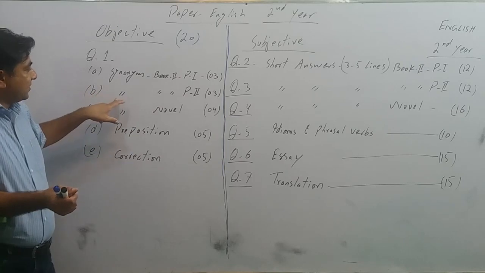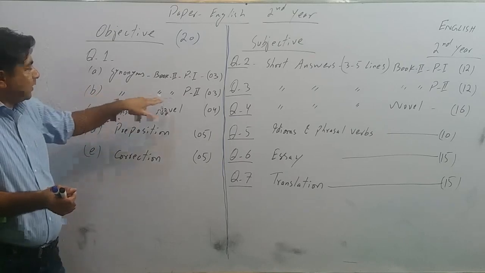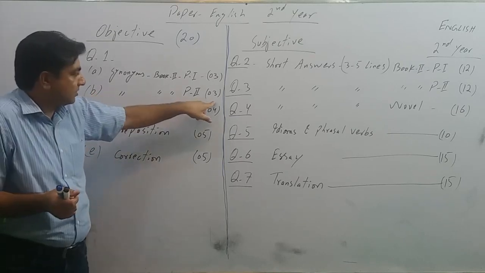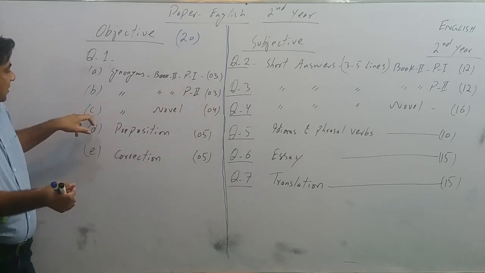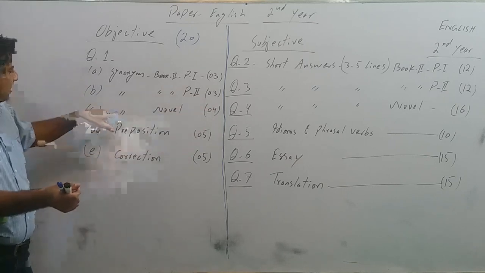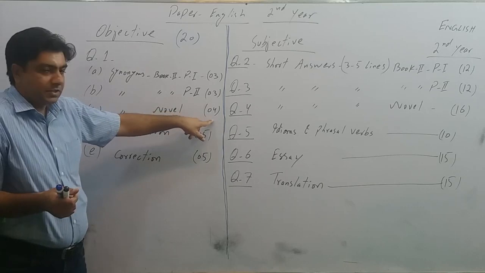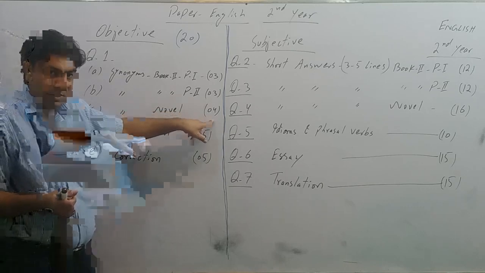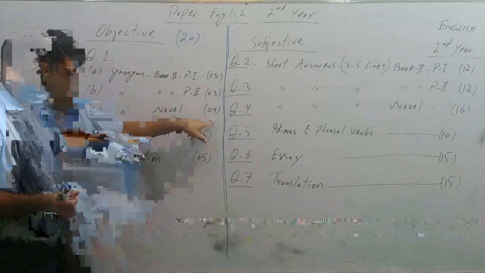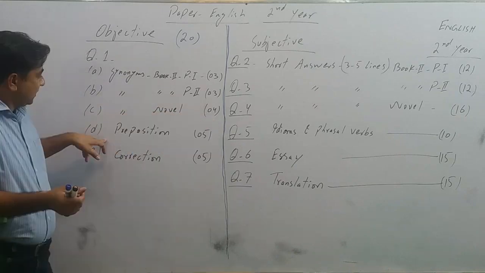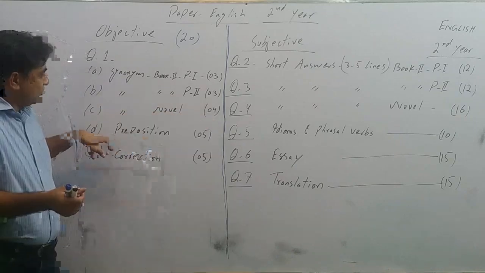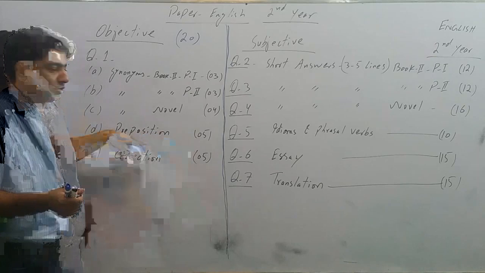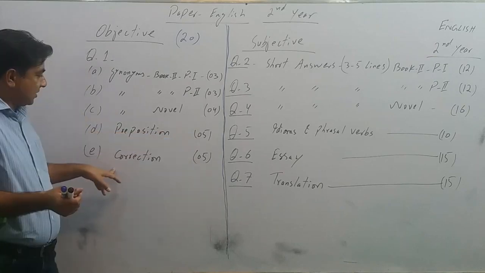B part is again synonym. Book 2, part 2 also contains 3 marks. The novel, synonyms from novel. Part D, and they would give 4 options. One would be correct. Correction of error.